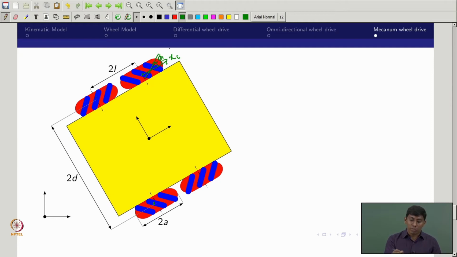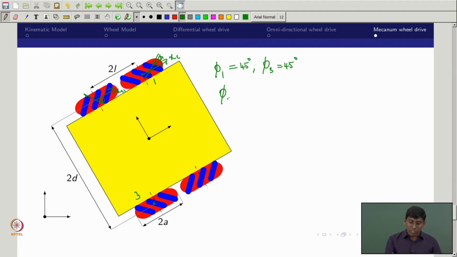That is why phi 1 is positive, and for simplicity we have always taken a 45 degree Mecanum angle, in the sense phi 1 is 45. Wheels 1 and 3 are similar in configuration, so phi 3 is also 45. Whereas for the other wheels, the wheel axis and xc1 are not counterclockwise, it is clockwise, so it is negative.